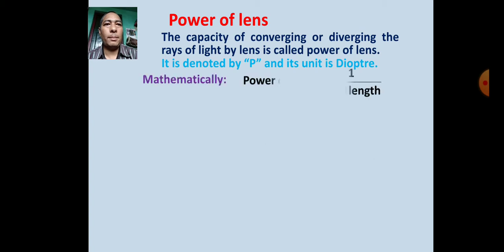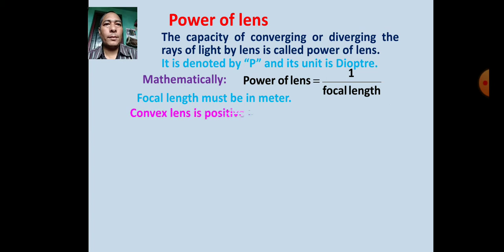Mathematically, power of lens equals 1 upon focal length. Focal length must be in meter. Convex lens is positive lens. Concave lens is negative lens.